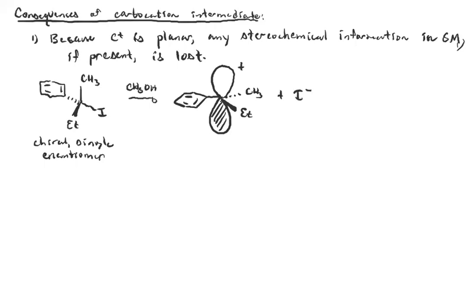Of course that carbocation is flat, and so what I've done is I've taken that chirality in the starting material and abolished it in the carbocation.